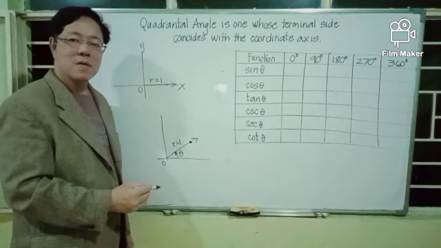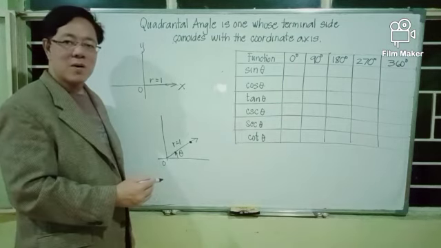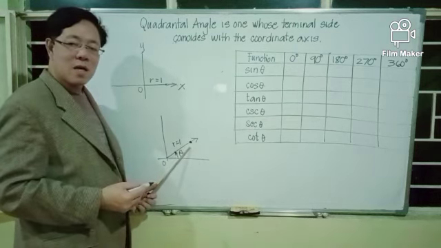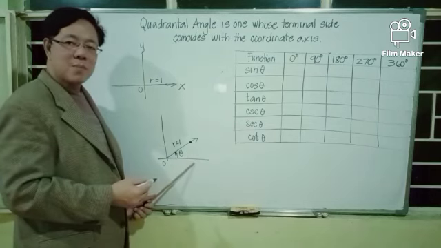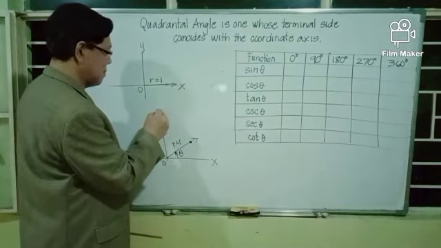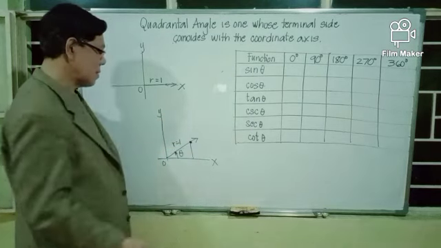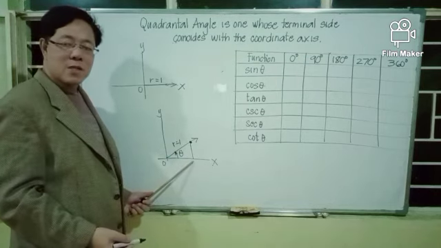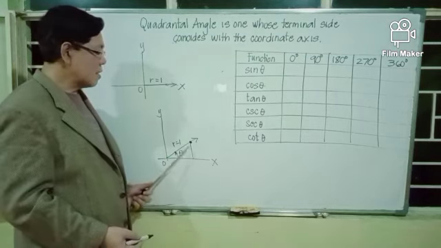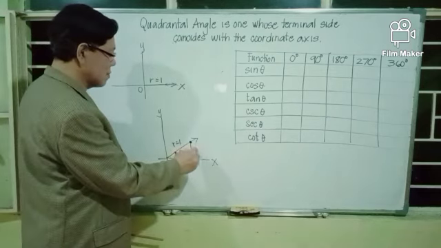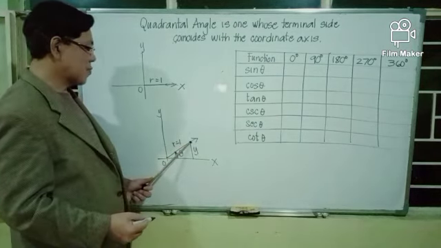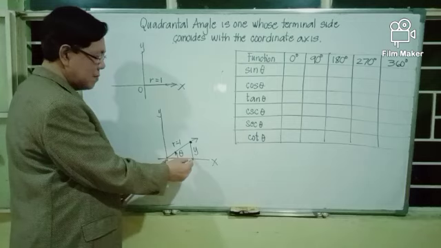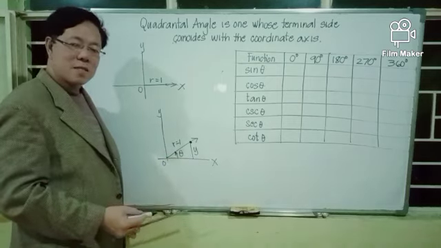As we customarily do, we drop a perpendicular from this point to the x-axis. The distance of this point from the x-axis is the ordinate of this point, y. And the distance of this point from the y-axis, which is equal to the side adjacent to theta, is x.